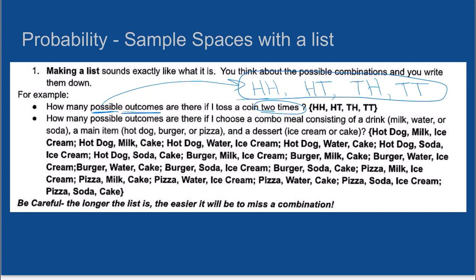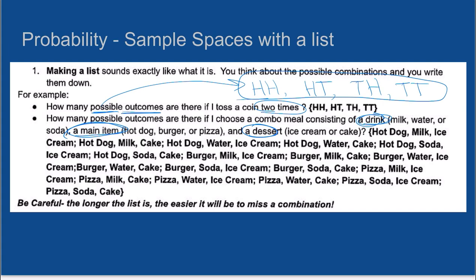So think about this second question. How many possible outcomes are there if I choose a combo meal consisting of a drink, and that drink could be milk or water or soda, a main menu item like a hot dog, burger, or pizza, and a dessert item like ice cream or cake?